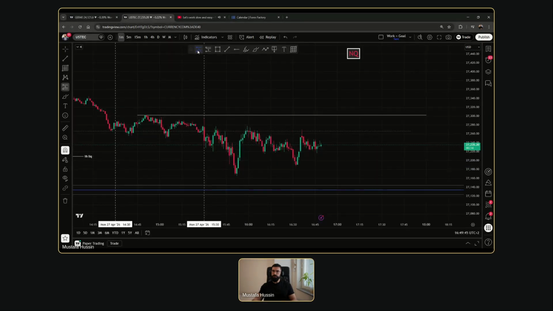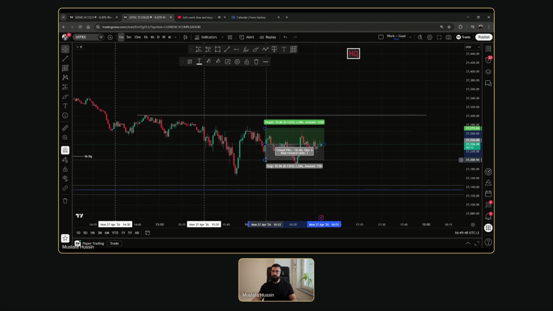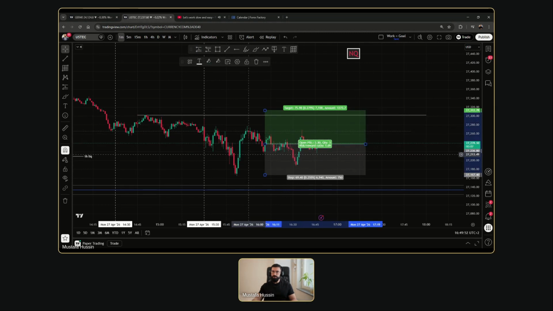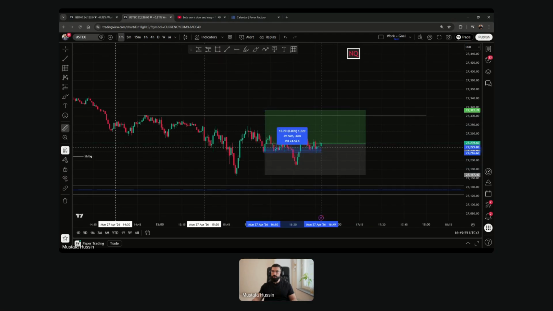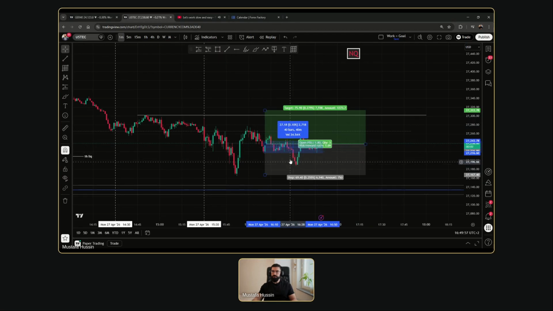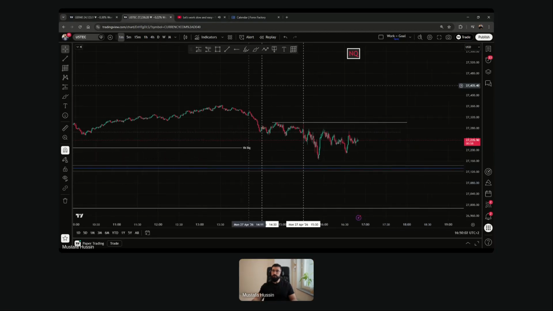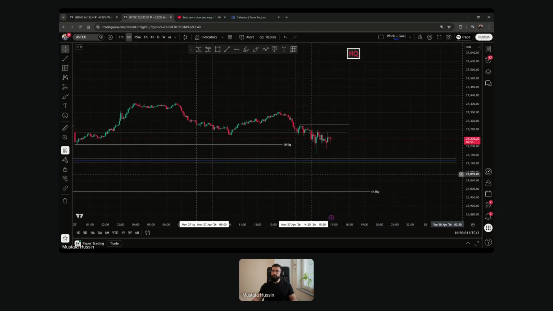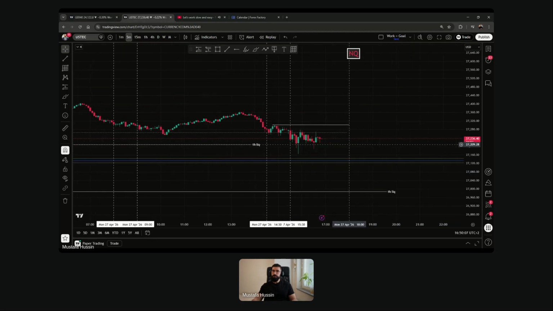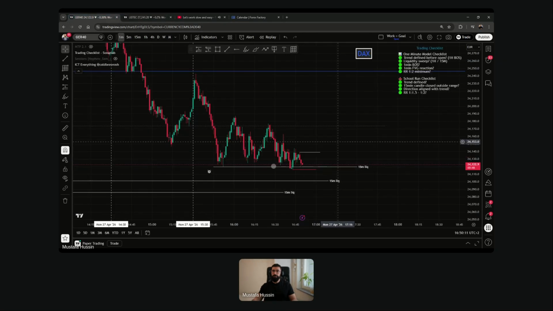Taking a trade like this on the reaction of the fair value gap, putting my stop loss down here, being stuck in these trades is horrible. Like for 41 minutes in consolidation. No. Yeah, it's not giving us anything on the DAX.